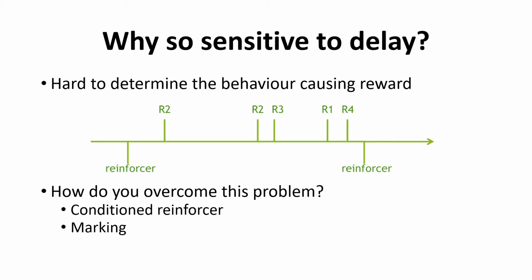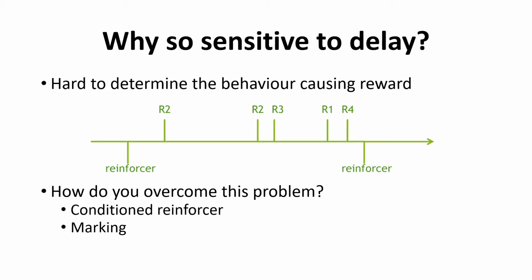Maybe there's a water bottle, and they're doing things like drinking from their water bottle. That's R2. R3 is that they press a different lever, and R4 is that they press a button. If there's a delay between the behavior that they're doing and when they get that reinforcer, there might be other tasks in between that could be linked with getting that outcome.